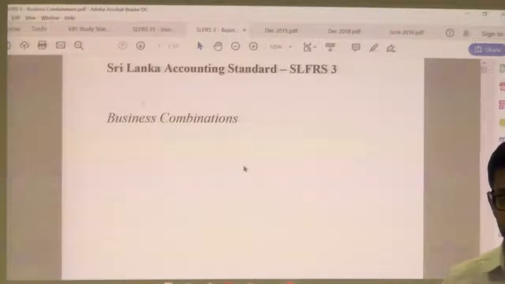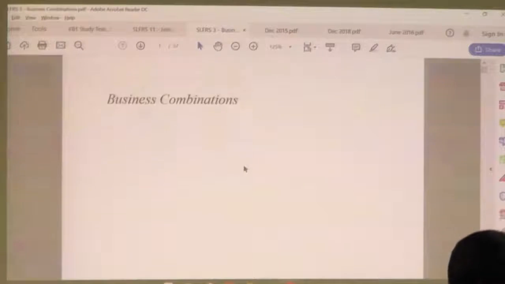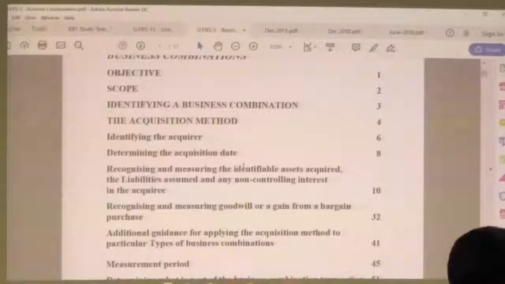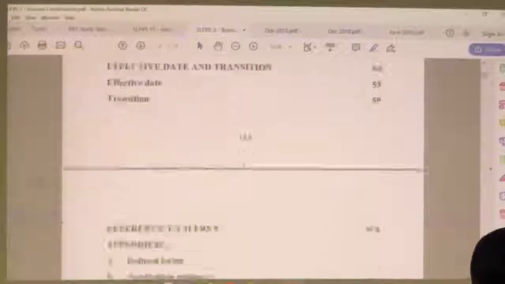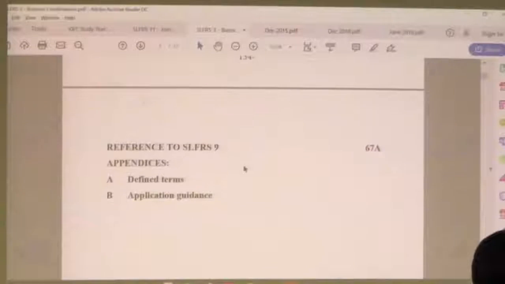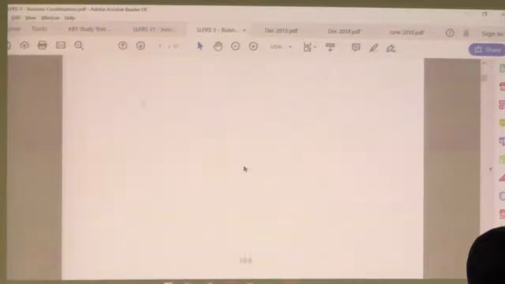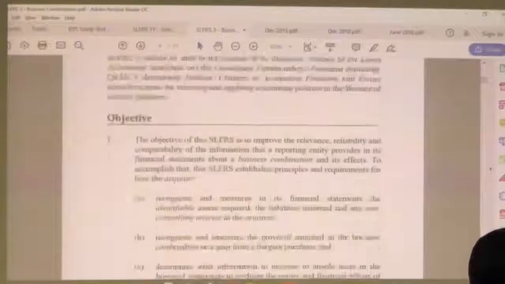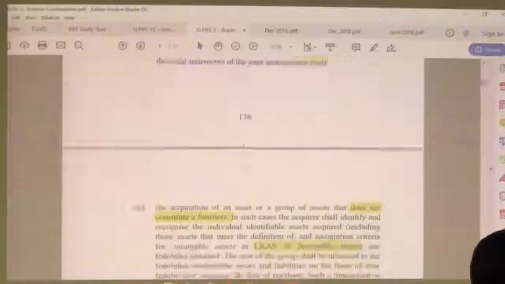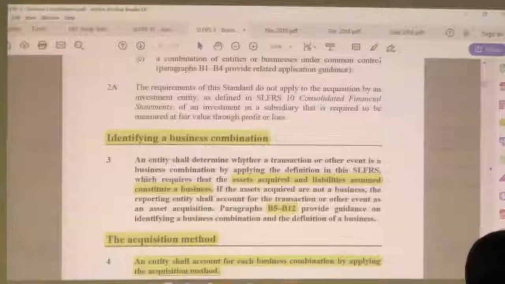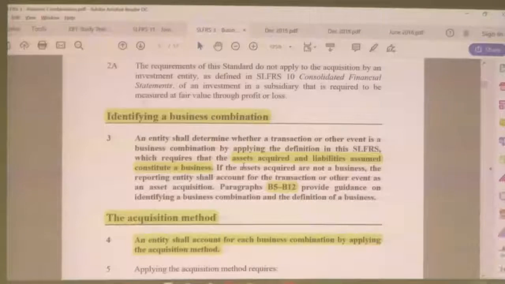Now we have to understand this concept with the relevant standard details. Go to paragraph 3 of the standard straight away, to understand this concept first. Identify a business combination.